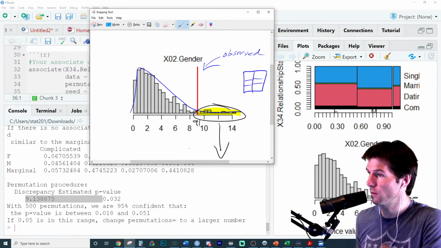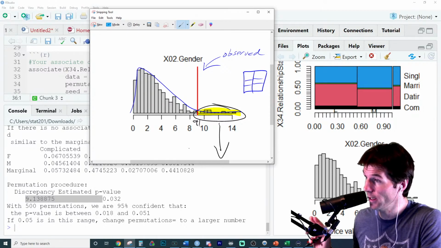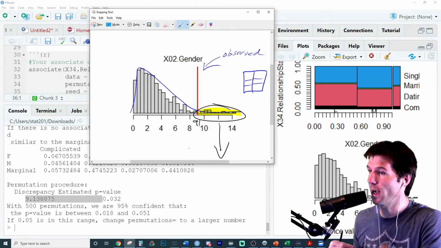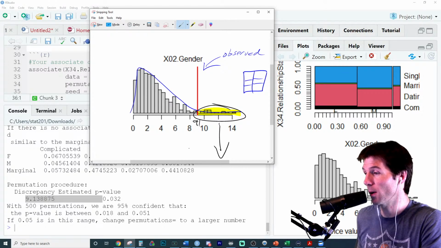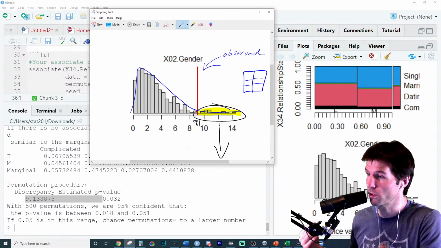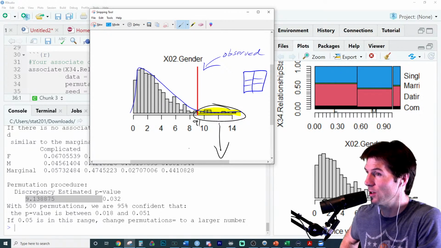And these are the percent of permutations by random chance that are as extreme or more extreme than our observed result. So hence they're the probability of a result as extreme or more extreme than our result occurring by random chance variation given there is no association.